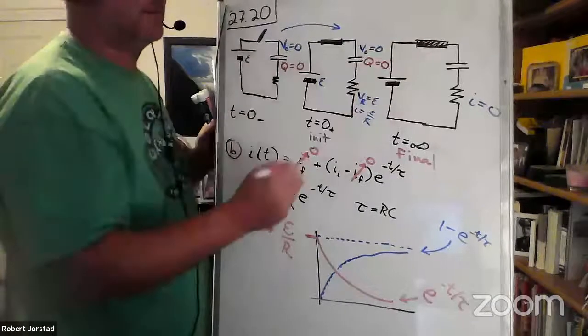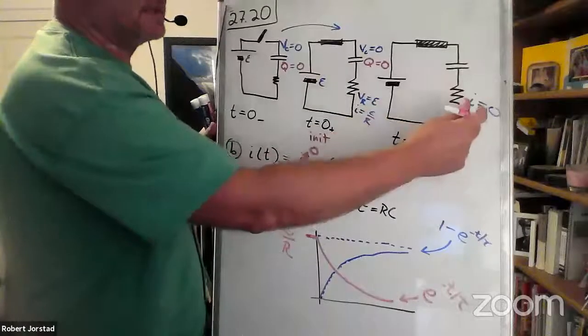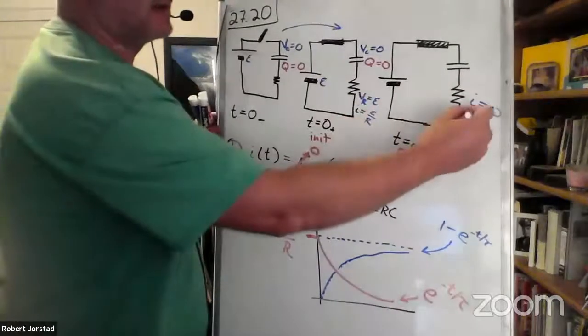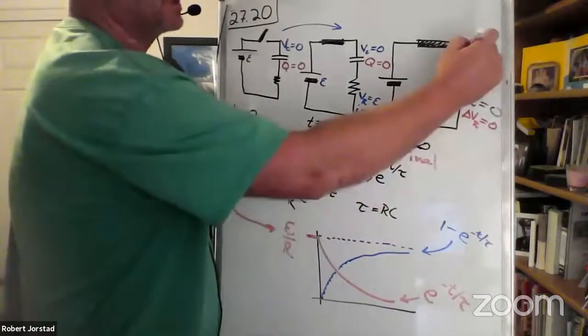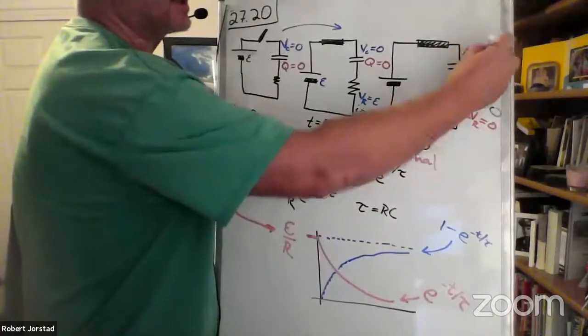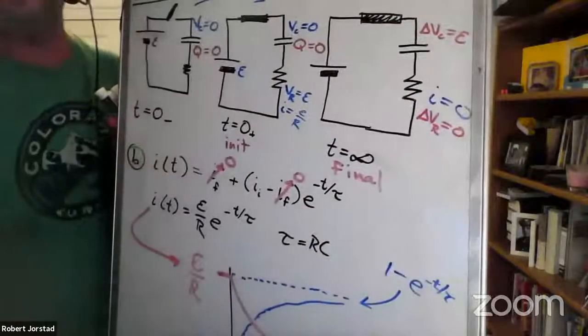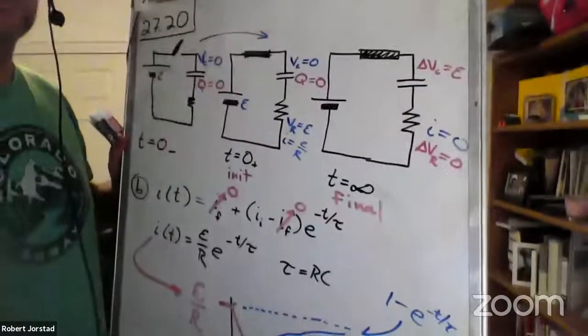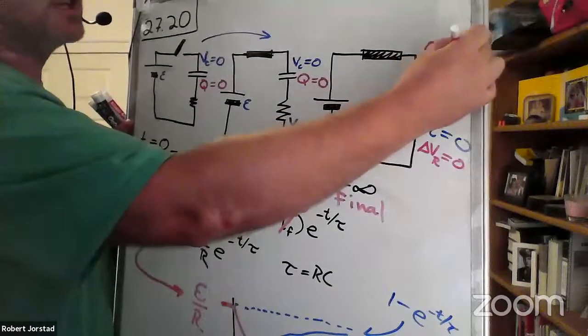And likewise, at the end, if this has 0 current, the voltage across the resistor should be 0, which tells me the voltage across the capacitor should equal E. And that tells me that the charge on this capacitor should be EC.